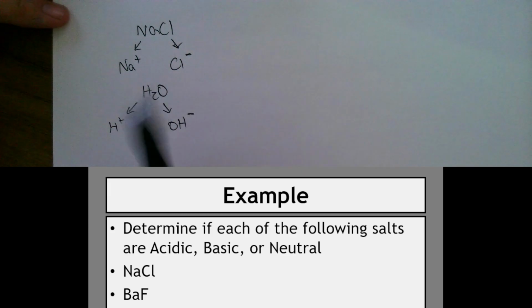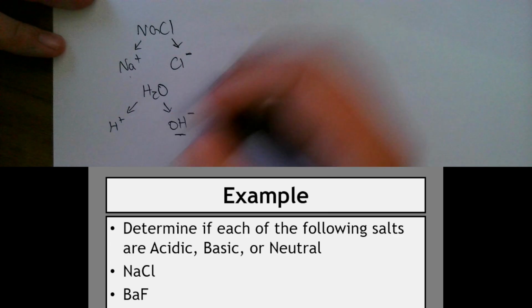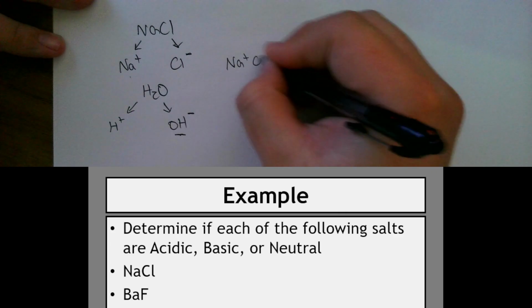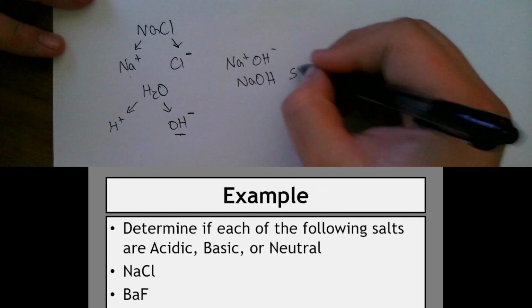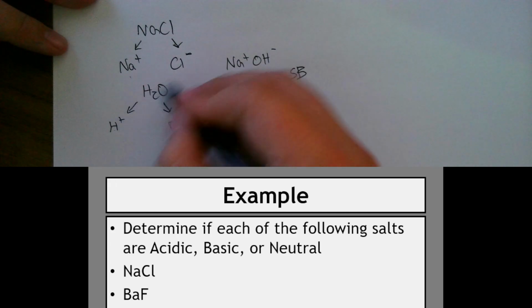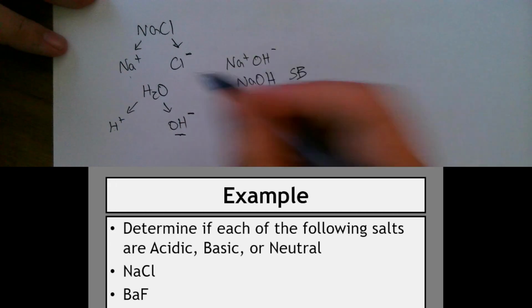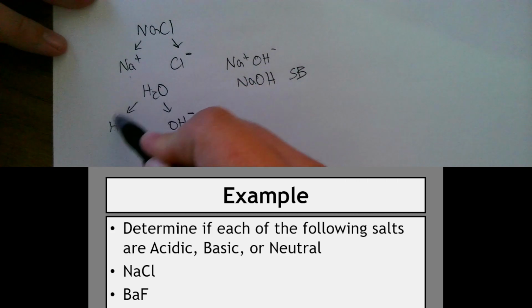So Na+ is going to react with OH- to make NaOH, which is a strong base. H+ will react with Cl-. I know these are the things reacting because I'm looking at their charges. The positive and negative attract and those react.